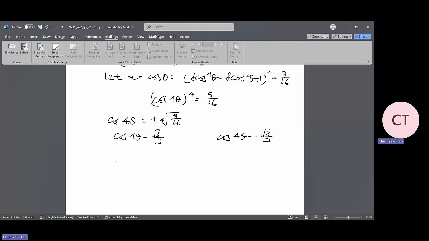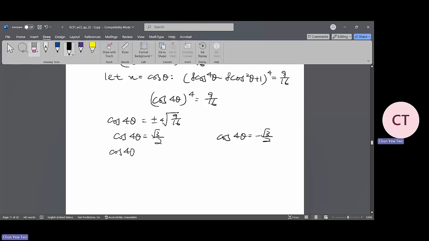So for cos 4 theta equal to root 3 over 2, we need to refer to the general formula. How do you get root 3 over 2? The smallest positive value that gives you root 3 over 2 is pi over 6. For the other one, the smallest positive value that gives you negative root 3 over 2 is cos of 5 pi over 6.